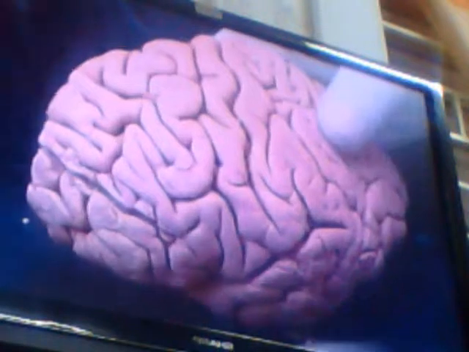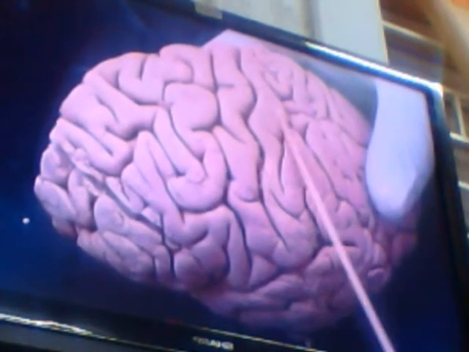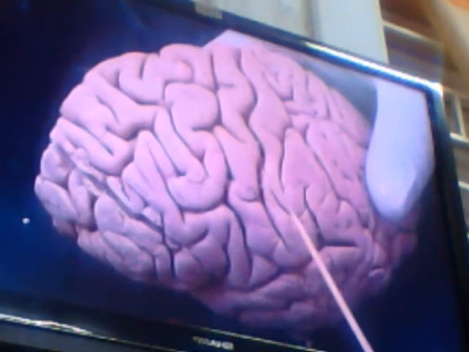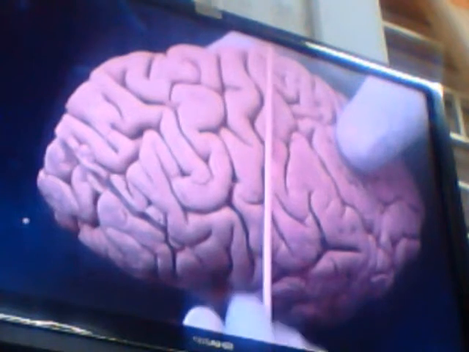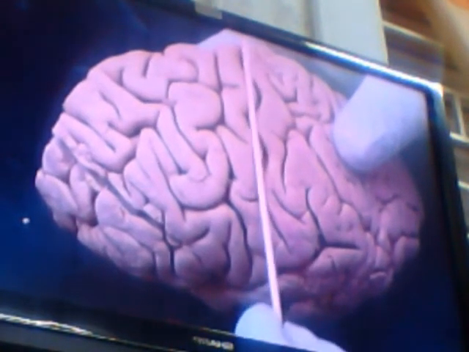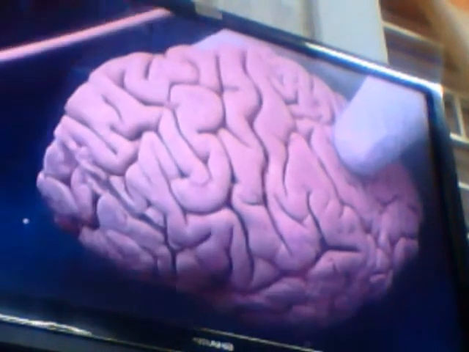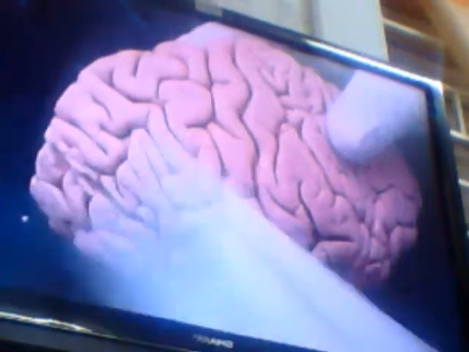Okay? So it's in that vicinity that we will find the central fissure. And the central fissure is moving at about 70 degrees, making about a 70-degree angle with the median. Okay?